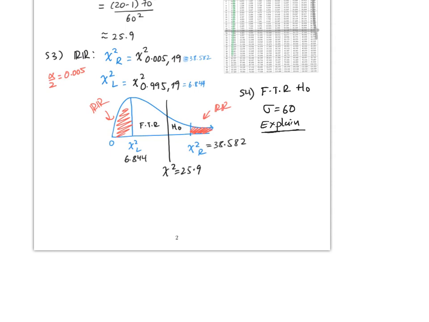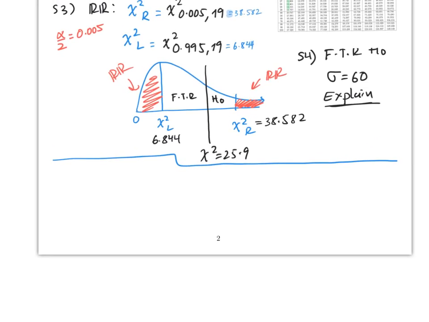All right, well, what about the p-value? So for the p-value, we're going to do something very similar to what we did in section 8.2. For the p-value, you can use the table to approximate the solution just like we did before, or you can use the calculator. So let's do the table first. For step 3, the p-value is going to be twice, why twice? Because it's 2 tails, the probability that chi square is greater than chi square star.